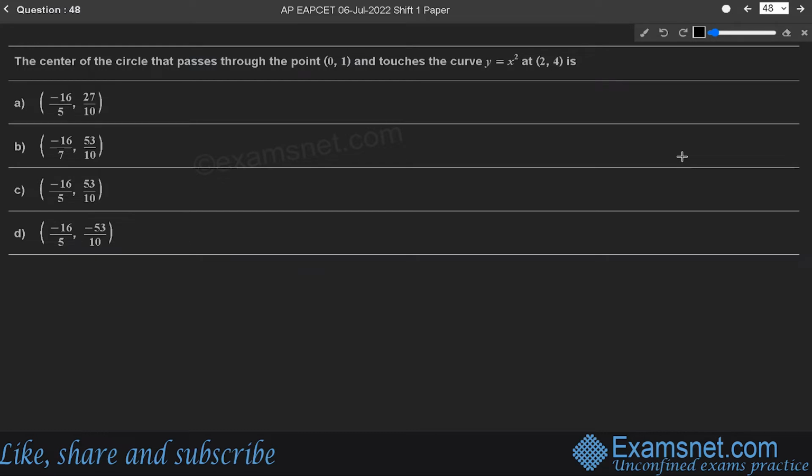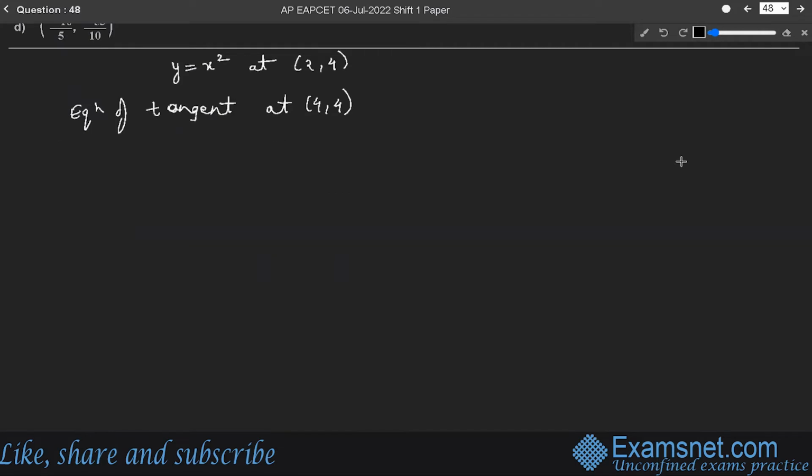We have the equation of the given curve, which is y is equal to x square at 2, 4. Now, the equation of the tangent at 2, 4 will be y minus 4 is equal to 4 into x minus 2.